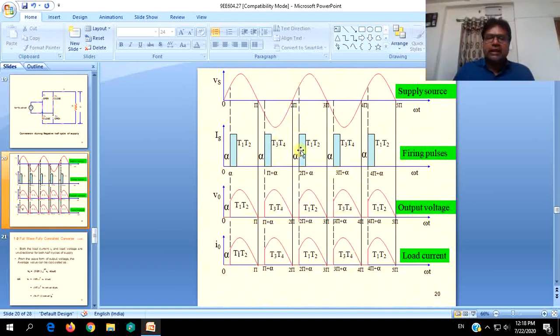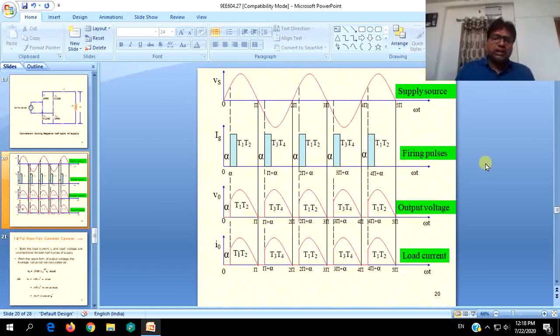And again, when T1 and T2 are triggered at 2 pi plus alpha, the cycle repeats for the subsequent cycles. That is how the waveforms are developed for a single phase full wave, fully controlled bridge rectifier with resistive load or R load.